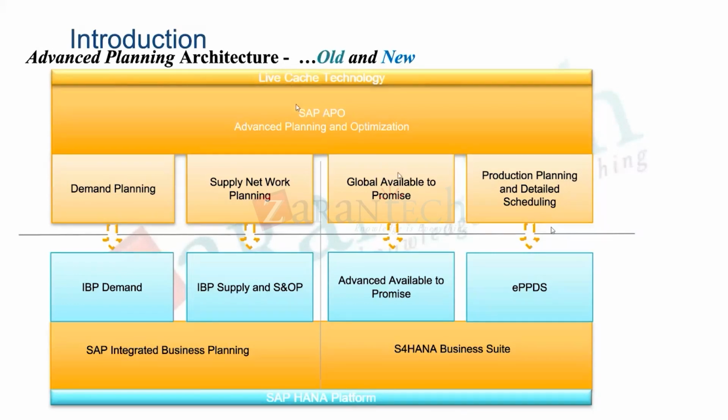So the same live cache technology was there in APO. Now it is available with the S4HANA suite also. At the bottom you would see the S4HANA platform. On the platform itself, this PPDS is set up. Even if PPDS is there, you still have to activate the live cache for PPDS. Because the entire S4HANA is based on this technology, it doesn't mean that PPDS would be allocated it entirely.